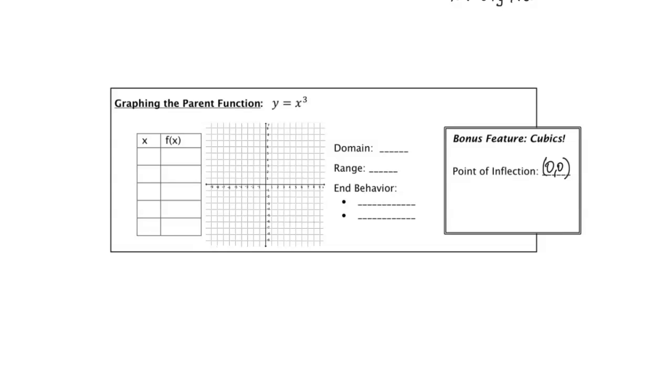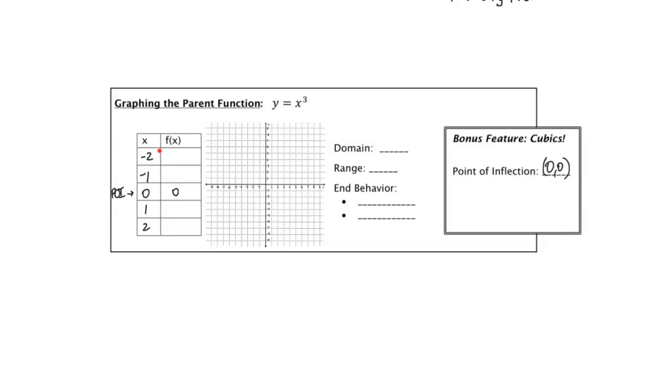So very similar to us placing the vertex in the middle of our table when we were working on the quadratics, we'll place the point of inflection, POI, in the middle of our table here. And similarly, we will come up with values for x, so -2, -1, 1, and 2, around our 0. From there, we would figure out the outputs.